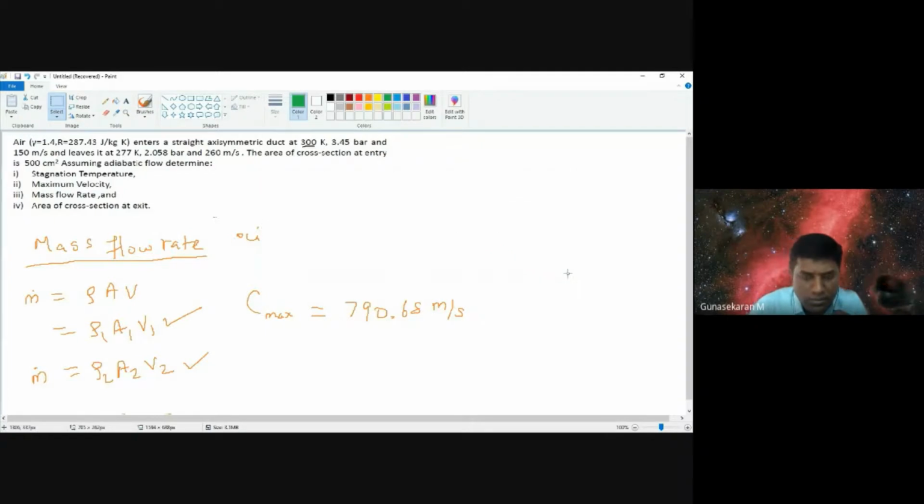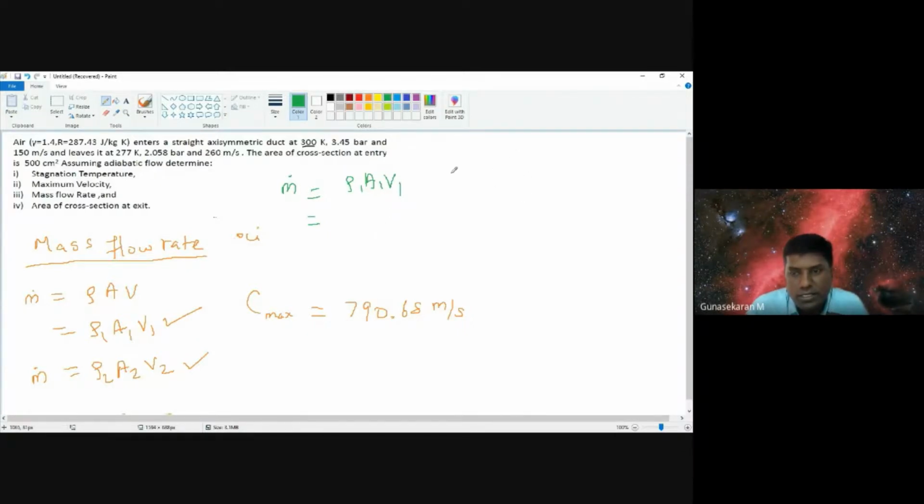Let me delete this, and then we have to find this. So m dot equal to, let me use rho 1 A1 V1. How to find out the density? You get it by using the ideal gas equation.